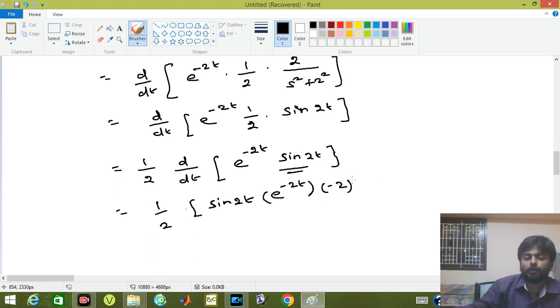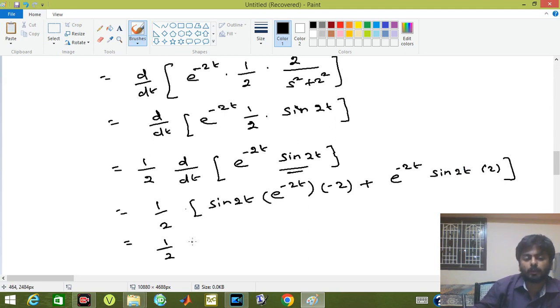It is u v dash plus v u dash, so you will have e power of minus 2t sine 2t into sine 2t into 2. So here you can take 2 commonly outside.